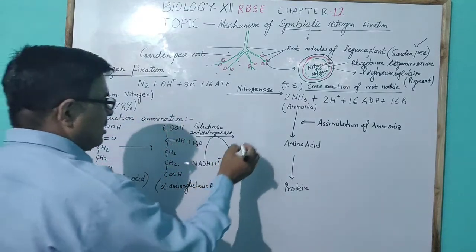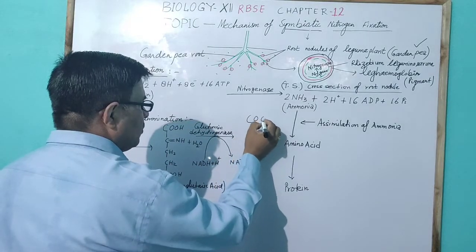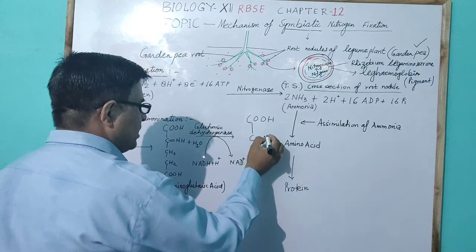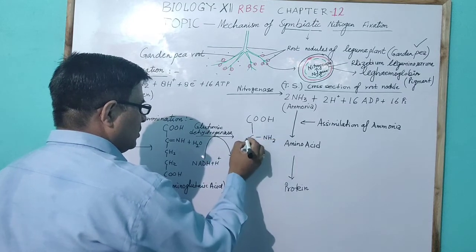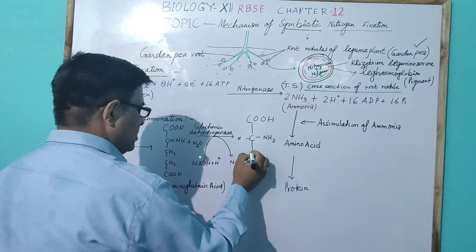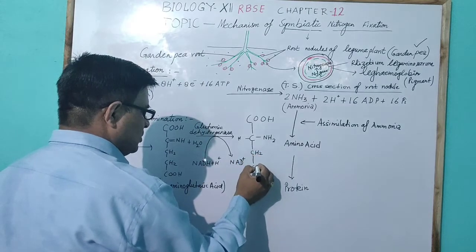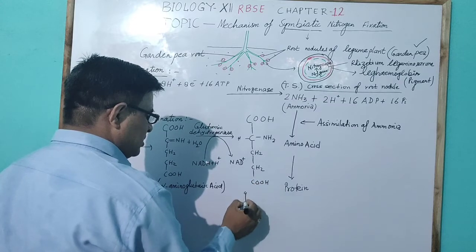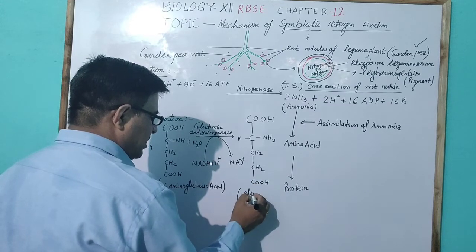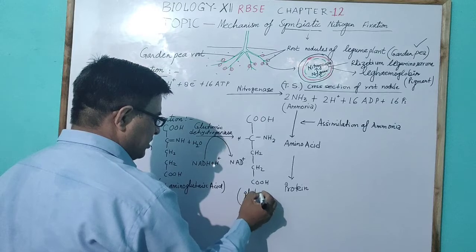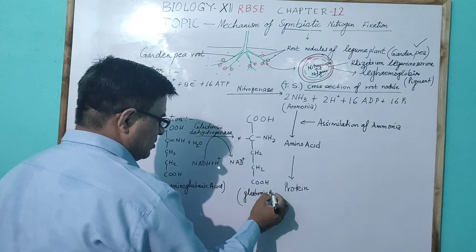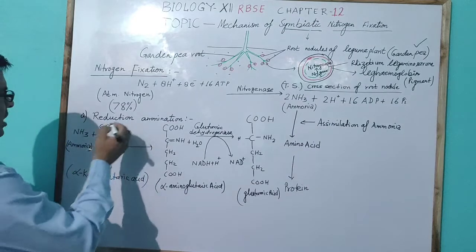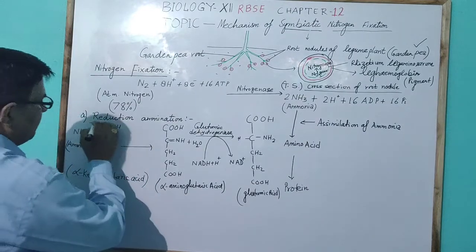Then formation of COOH, C, NH2, H, C, H2, C, H2, COOH. This is called glutamic acid, and this is called reductive amination.